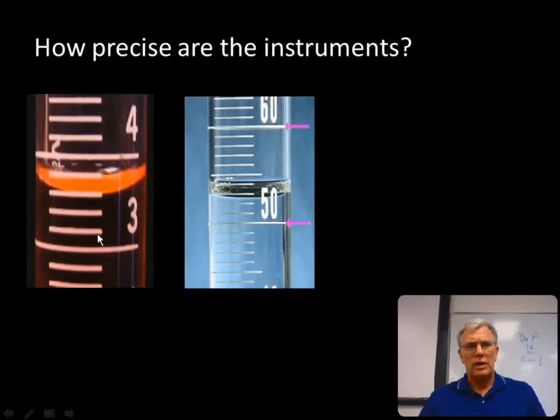So each of these slash lines would represent 0.2 milliliters. In this graduated cylinder, this line would represent 50, this is 60, and there are 10 slash marks in between, so each of these would represent 1 milliliter. Well, 1 milliliter versus 0.2 milliliters. This graduated cylinder is more precise.